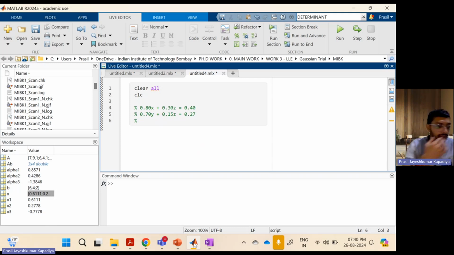My third equation is 0.20 x plus 0.30 y. Just for the sake of understanding, write it like this.